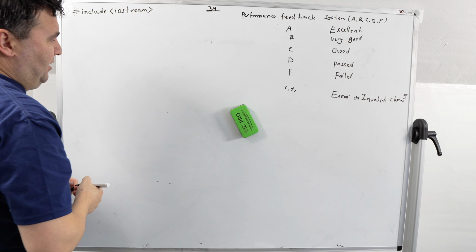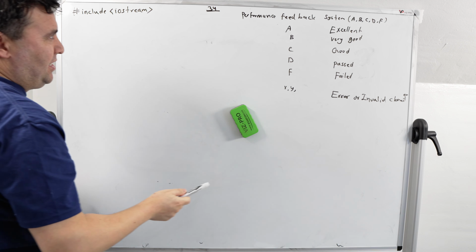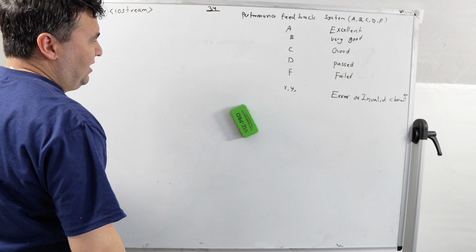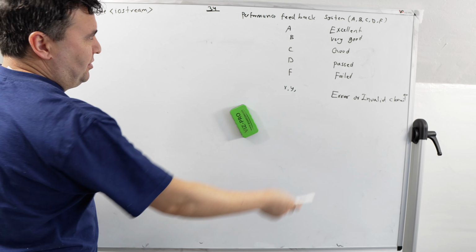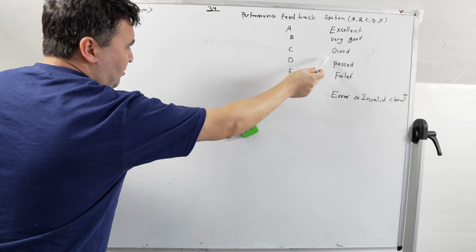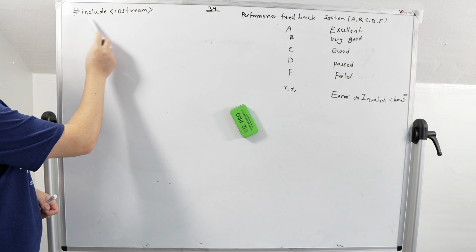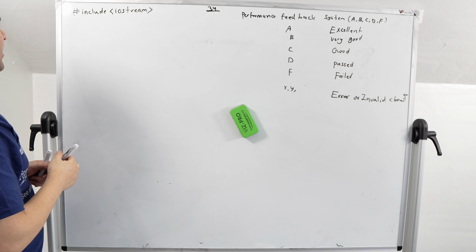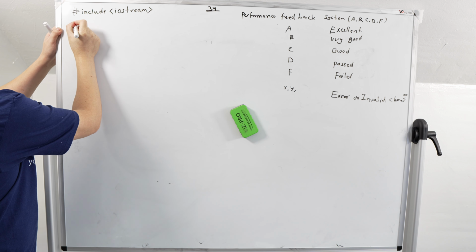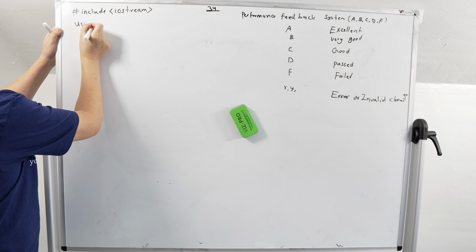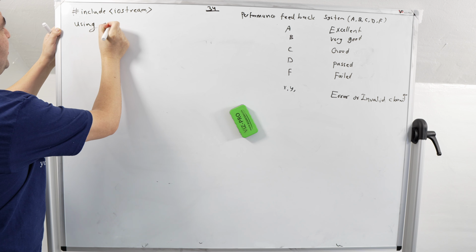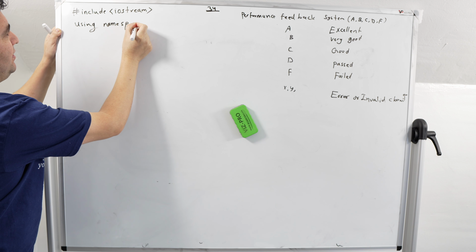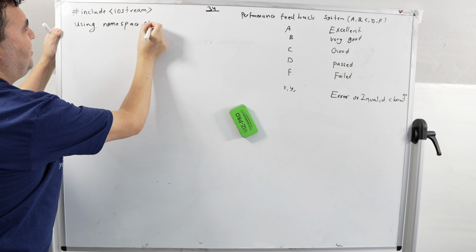In this program, we get input from the user, which is a character like A, B, C, D. And we output to the user, like excellent, very good, good, passed. So we need to include this library because cin and cout are located in this library. And then we use namespace std.